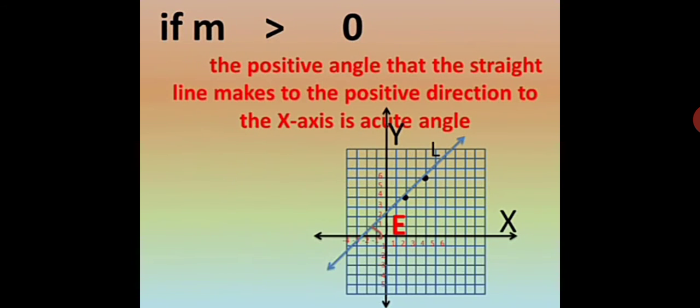Now here, if the slope is bigger than 0, a positive value, the straight line makes an acute angle with the positive direction of the x-axis as in the opposite figure.